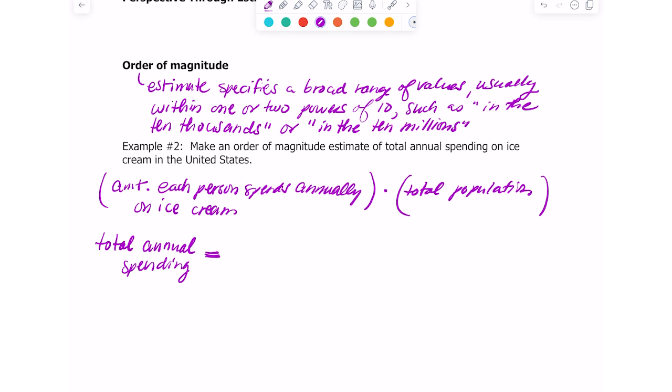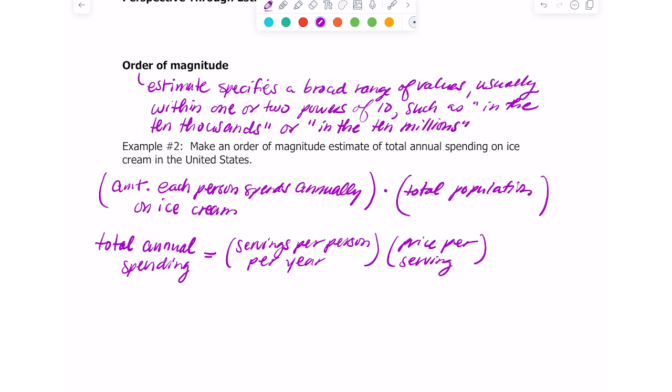So total annual spending is going to equal the servings per person per year, the price per serving, and then the population. And once I know that, I could multiply them together and get the total annual spending.